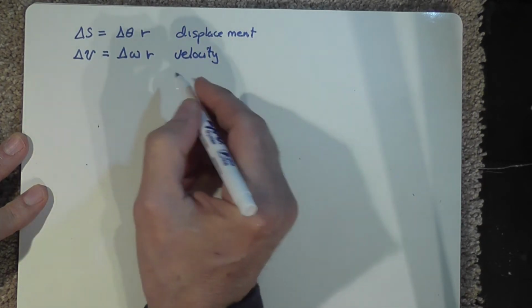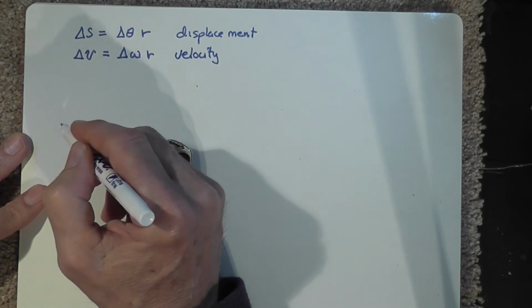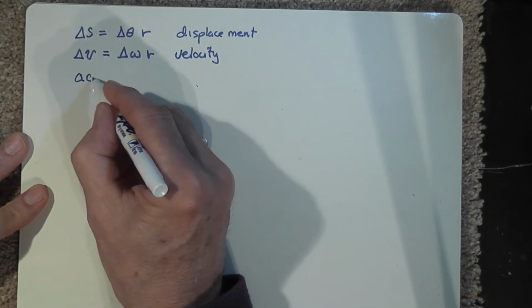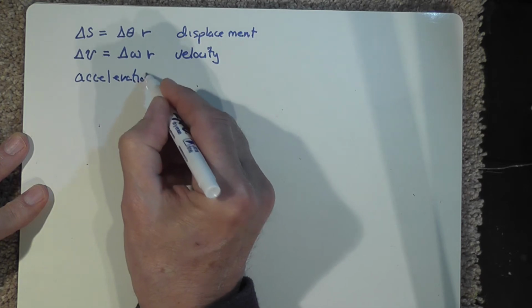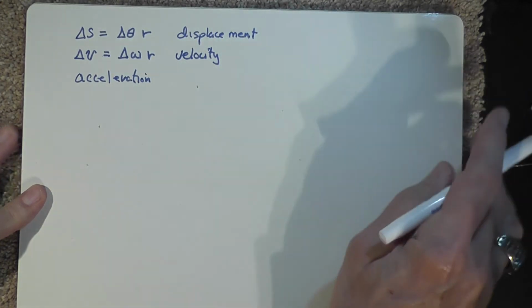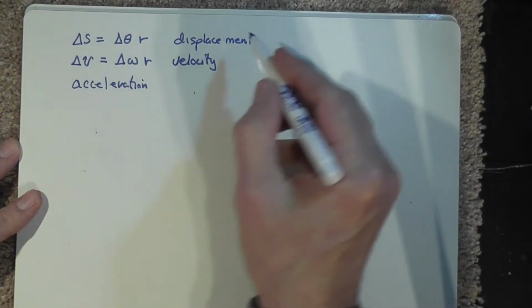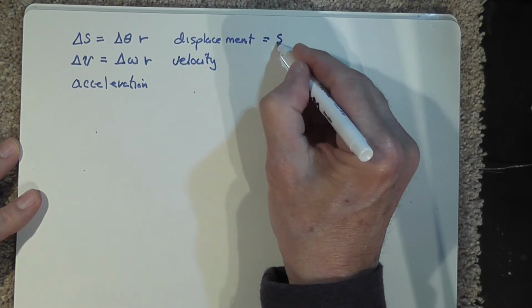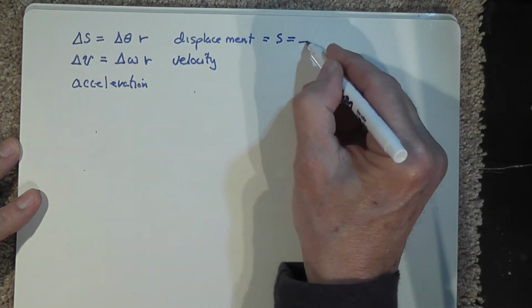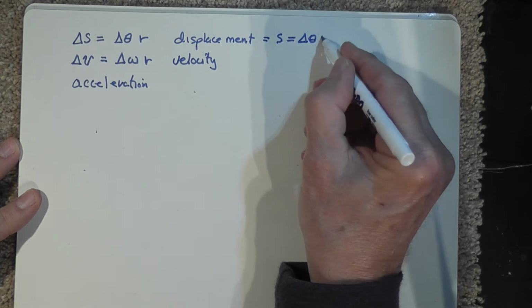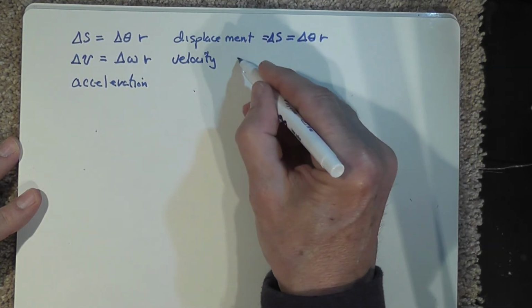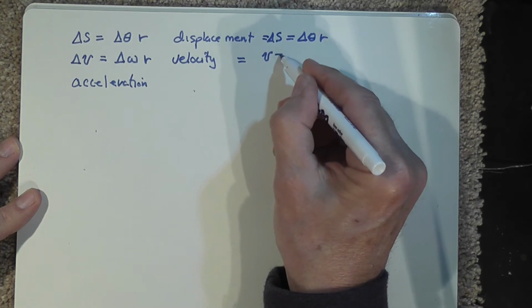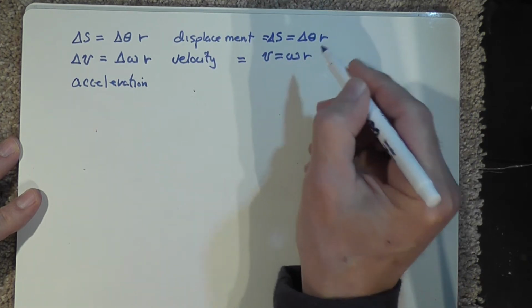Now I'm going to write over here on this side what this looks like. You may see it this way as delta S equals delta theta R. Velocity, a lot of times, is just written V equals omega R.